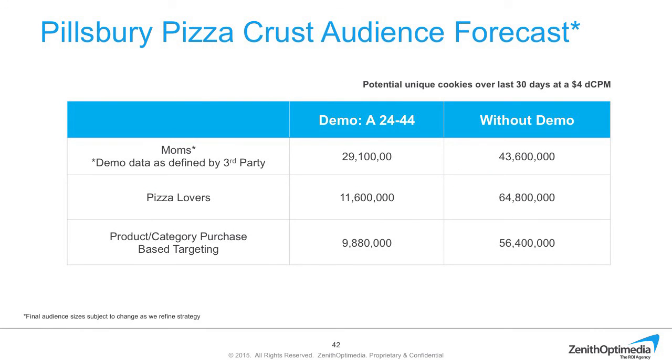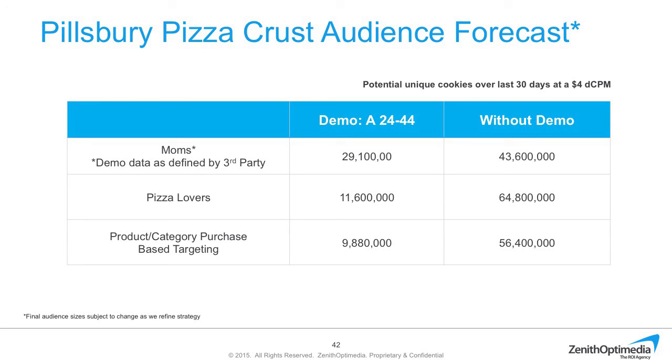A lot of clients sometimes want to add on additional layers of targeting. They might want pizza lovers or a specific psychographic target, but want to further qualify them with a demo, say an age range. When we do that, we have to keep in mind that only about half of the online universe is actually segmented into a demographic segment.